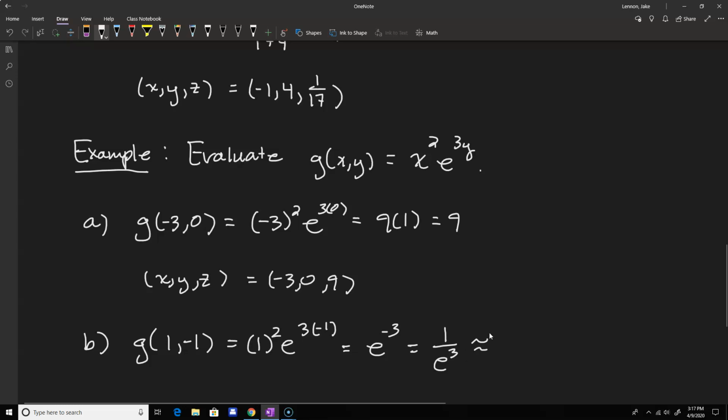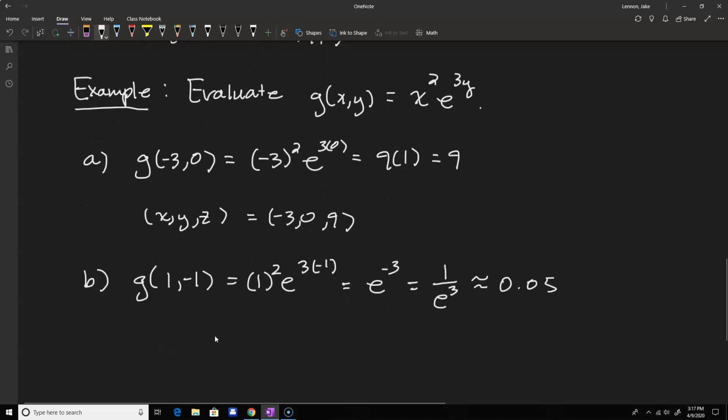It's going to be some small number. It comes out to 0.05 if you round to 2 places. So here our ordered triple x, y, z is 1, -1, and 1 over e cubed.